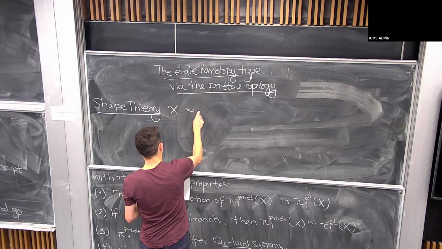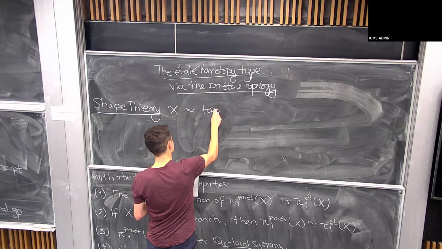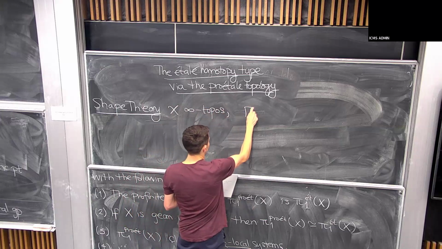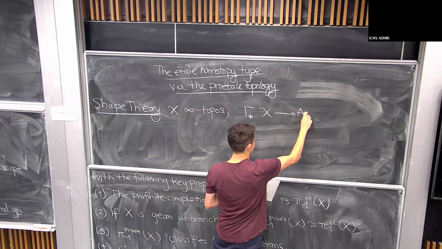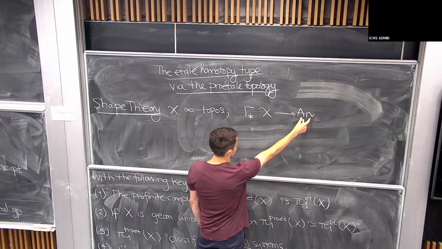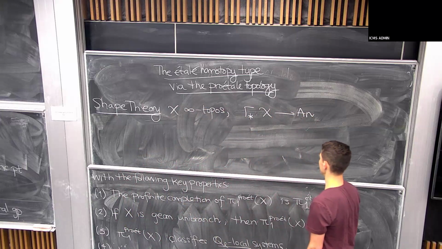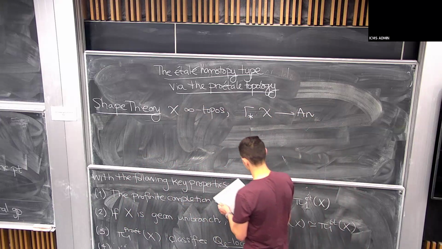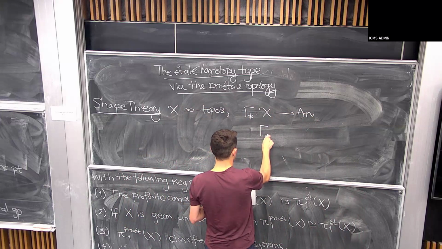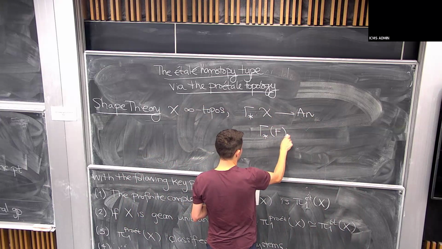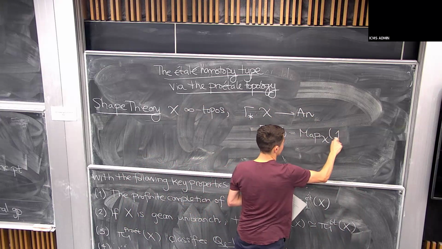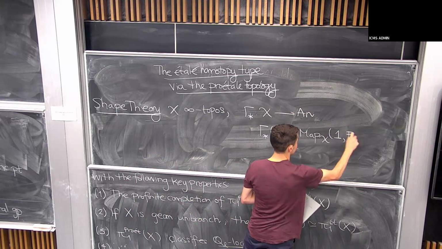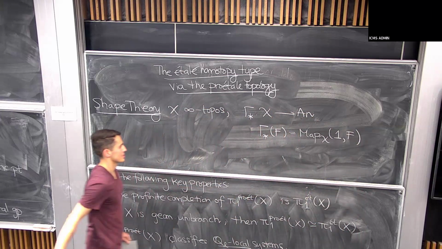So say we have X that's an infinity topos. I'll write gamma lower star for the geometric morphism to anima. Now, anima is the terminal object in infinity topoi, so there's a unique one, but I can tell you what it is, which is it sends an object F to maps in X from the terminal object to F. If you were sheaves on something, that's literally global sections, and that's why I call it gamma lower star.